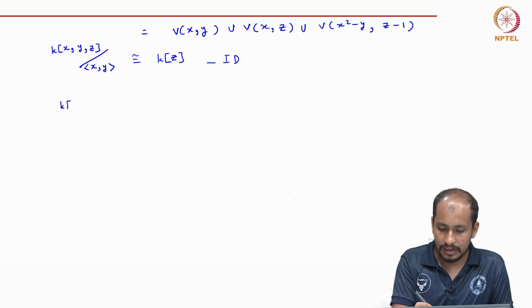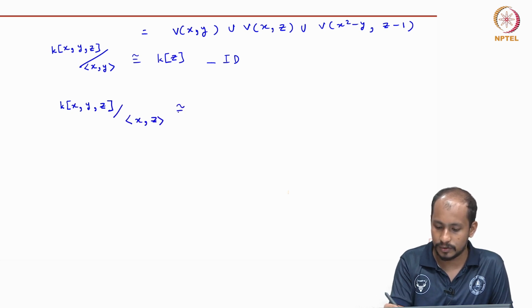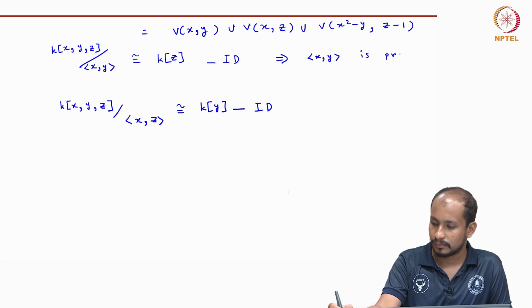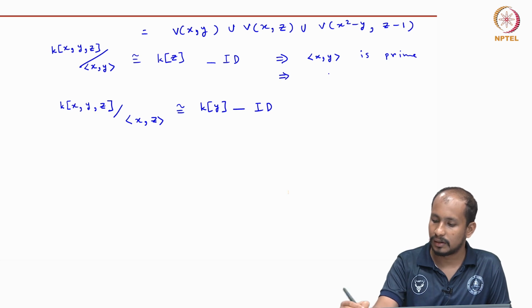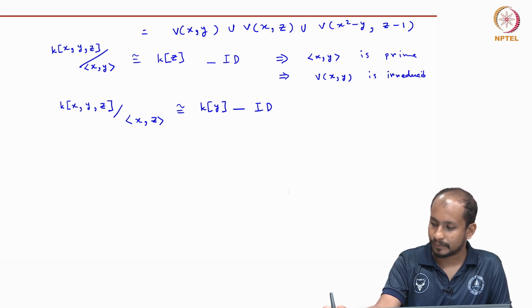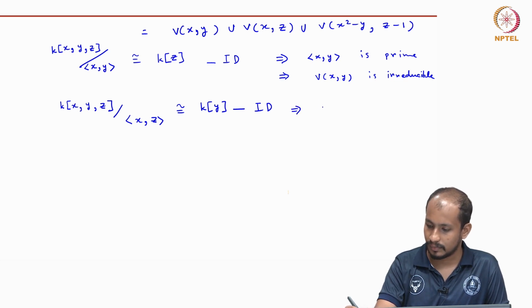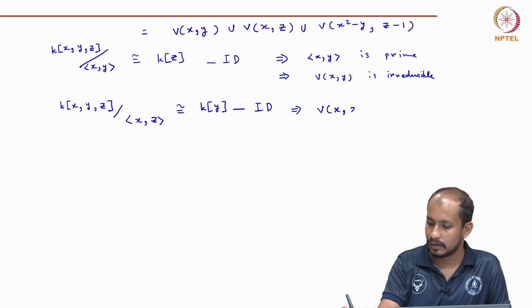Now similarly, k[x,y,z] quotiented by the ideal (x, z) will be isomorphic to k[y], so this is also an integral domain. So this will imply that (x, z) is prime, so V(x, z) is irreducible.